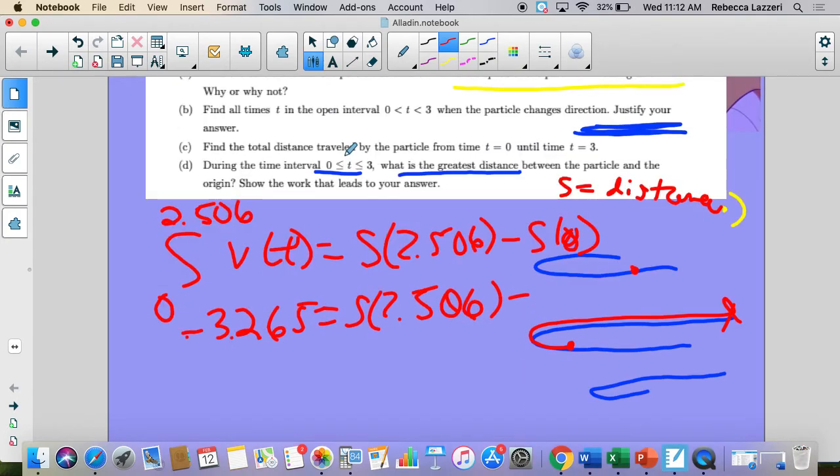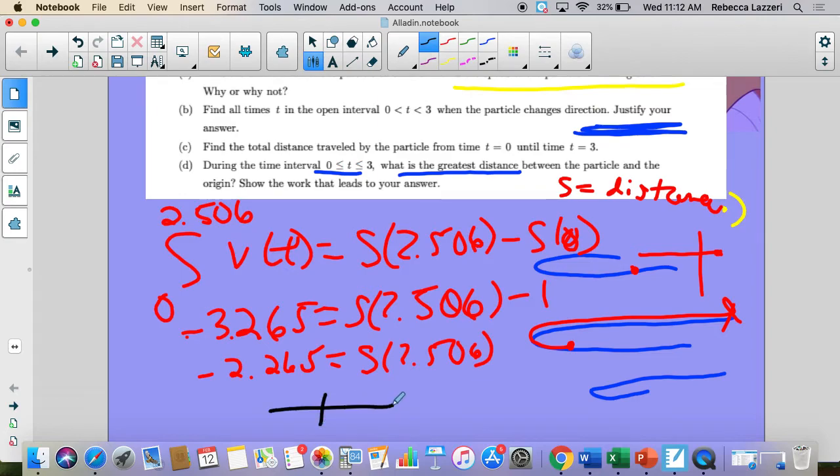At positive 1. So it was at positive 1, and if this is the origin, you started right here and went this far. So s of 0 is 1, and so s of 2.506 is equal to negative 2.265. Girls, I know now how far that is from the origin.